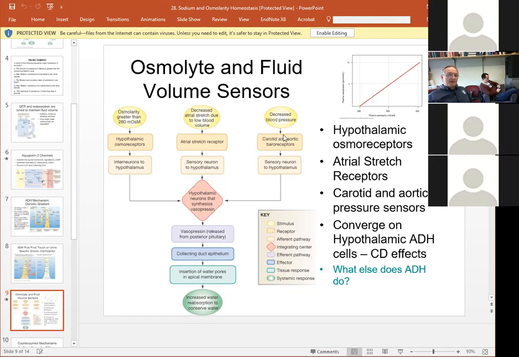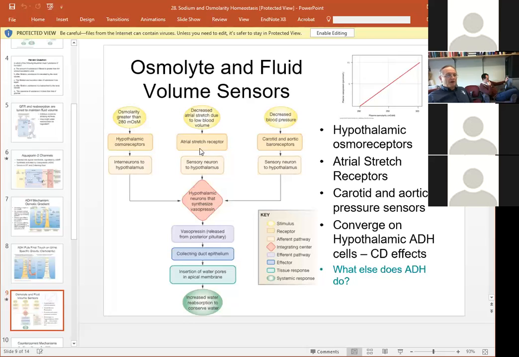Okay, three different things. Now, this decreased blood pressure would also occur if you are bleeding. And it would produce a reduced pressure in the carotid bifurcation and the aortic arch where baroreceptors detect the blood pressure. That's a little different from the atrium, where a new type of receptor now detects stretch in the wall of the atrium.